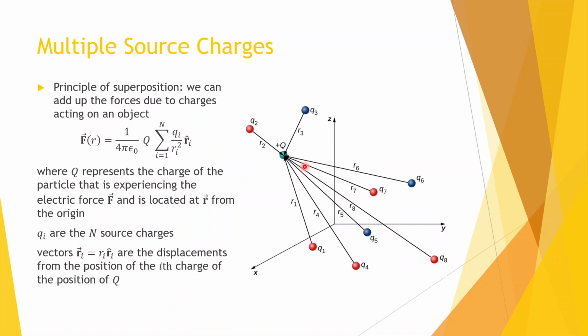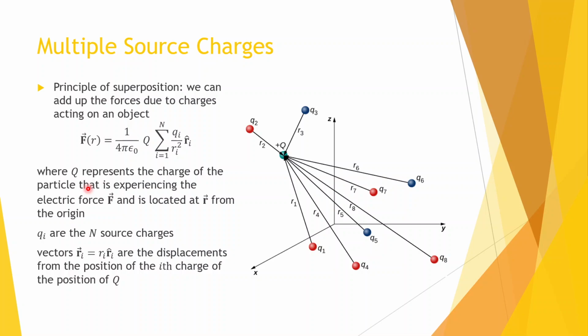We should note that Qi are the source charges, however many there are. Like we said here, there's one all the way through 8. And then our vectors, r hat, are the displacements from the position of the ith charge to the position of Q. So this would be the displacement for Q1, and then the displacement for Q2, and so forth.